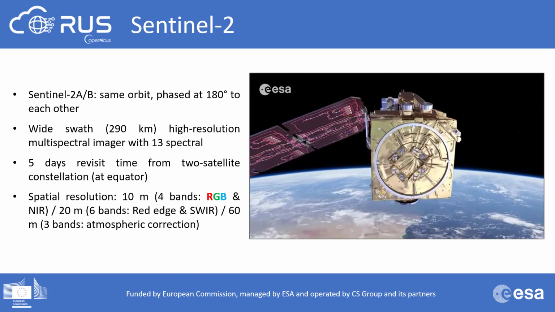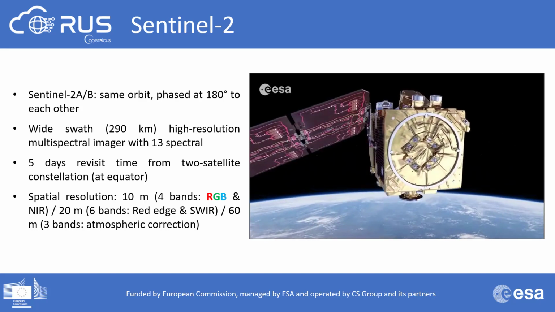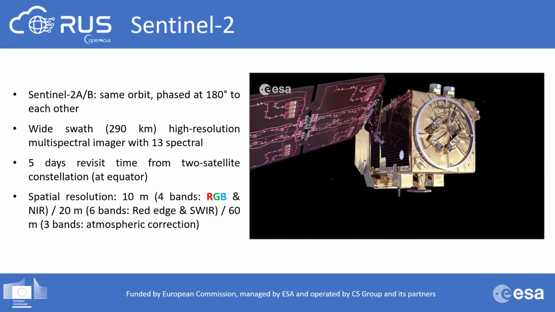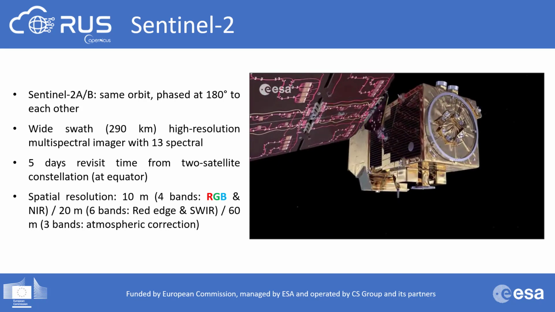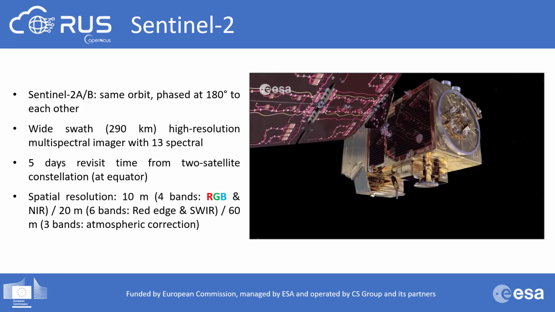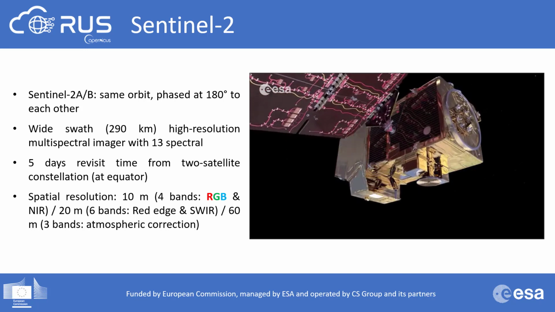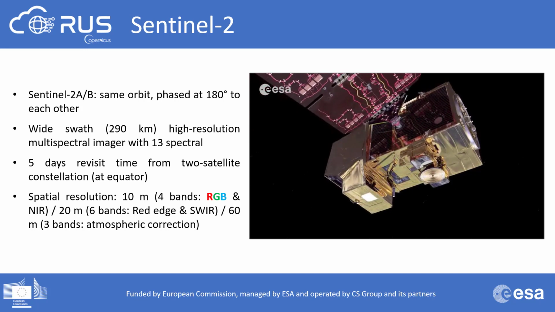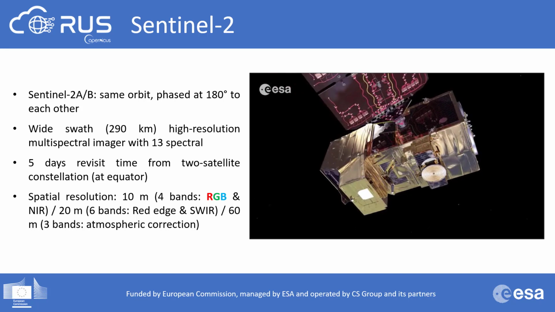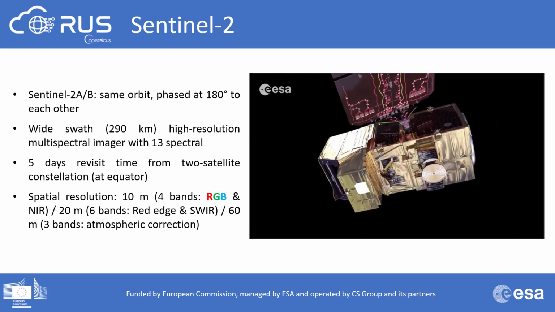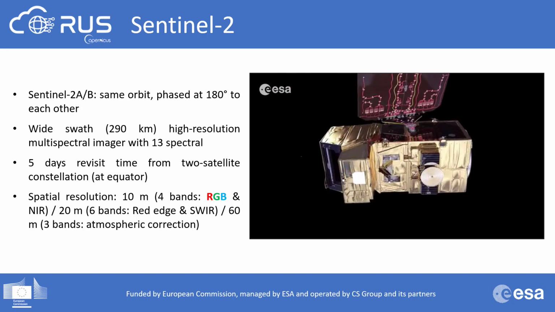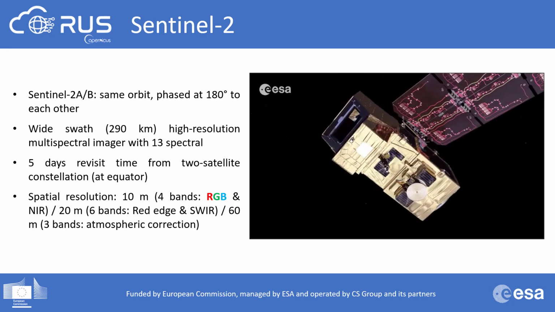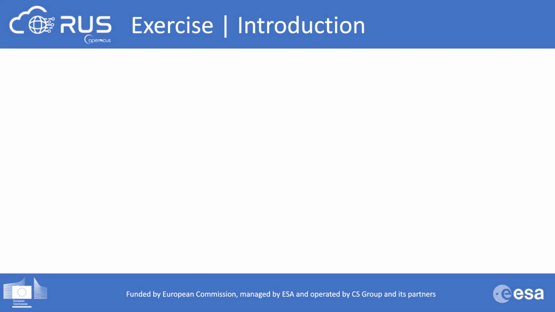They are passing in polar orbit phased at 180 degrees to each other, and the multispectral instrument it carries has 13 spectral bands in the visible, near-infrared and short-wave infrared parts of the electromagnetic spectrum. The satellite provides data in a cycle of 5 days at the equator. It is characterized by various spatial resolutions based on spectral bands: 10, 20 and 60 meters.